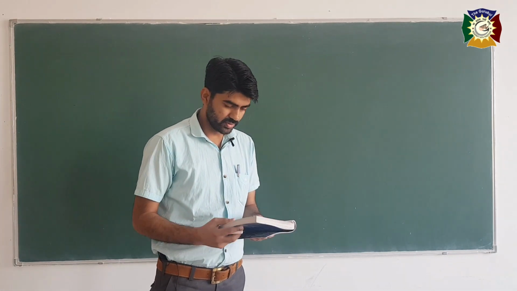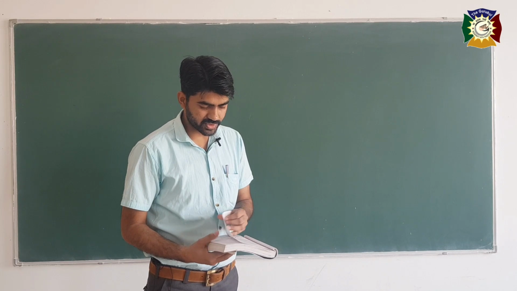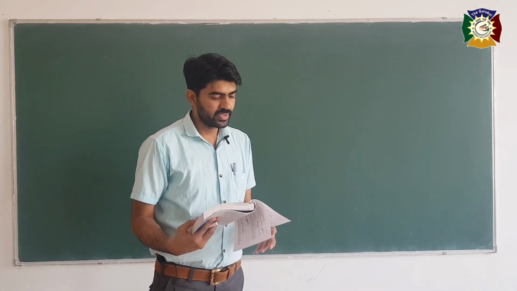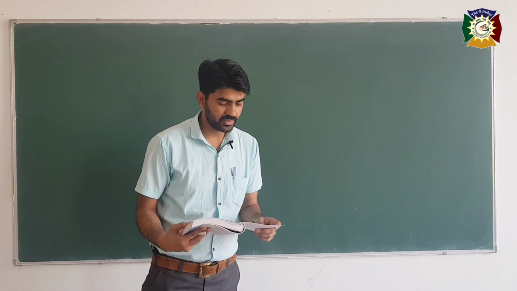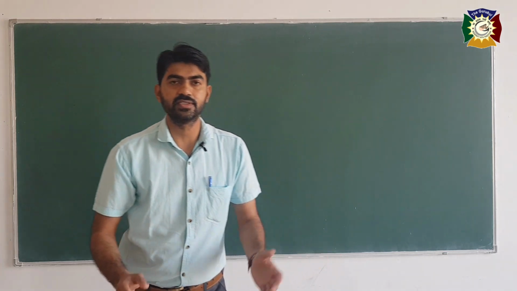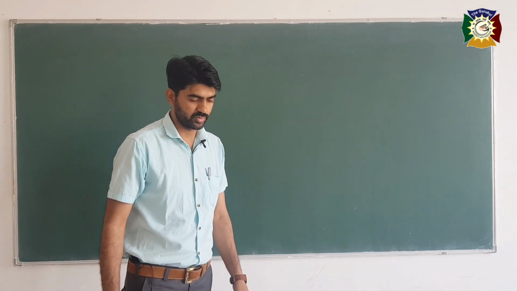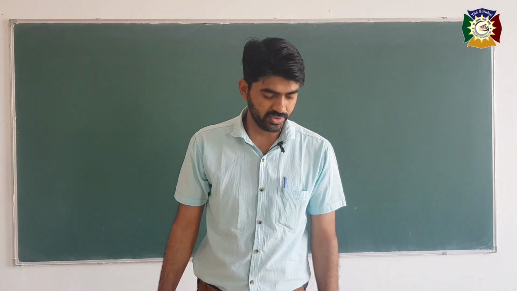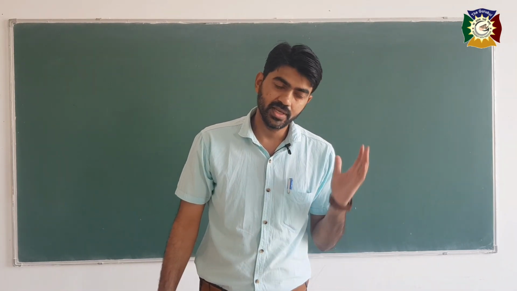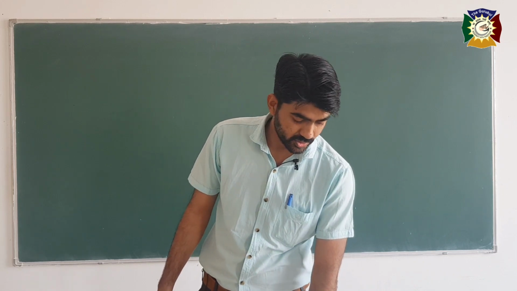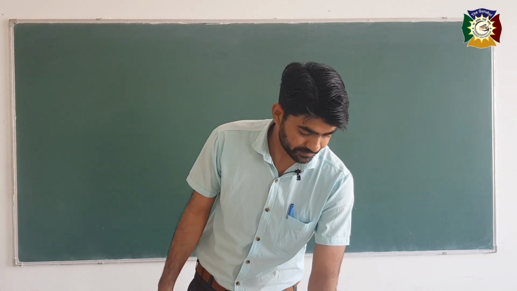Only two questions are given in this exercise. There are not many concepts related to this exercise, so nothing special to discuss. Directly we will see questions 1 and 2, and then you will come to know how to represent these numbers using successive magnification.